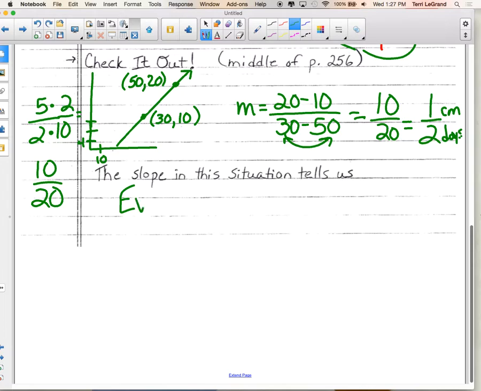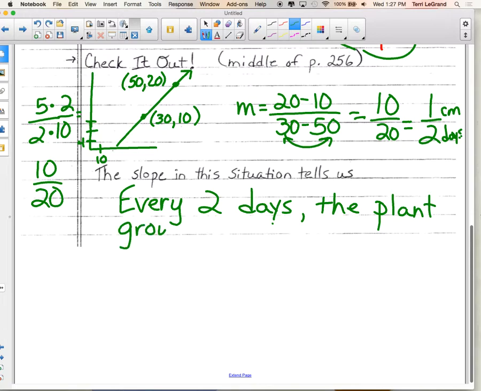When they ask these, you're going to write a sentence. Every 2 days, the plant grows 1 centimeter.